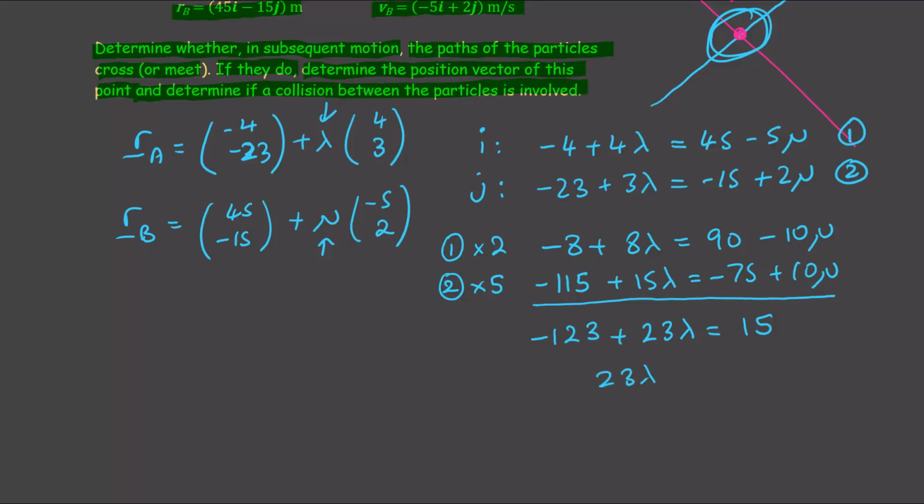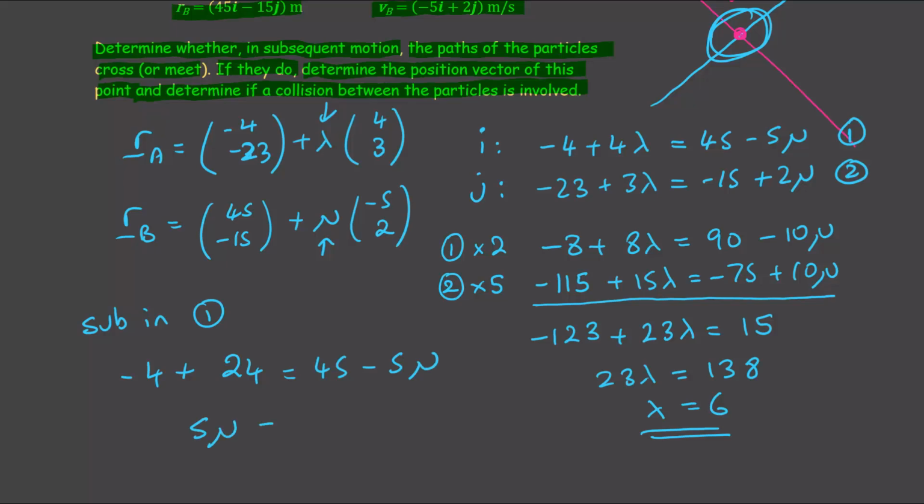So 23 lambda is going to be equal to 138. And that gives me that lambda is equal to 6. Substituting back into equation 1 gives me negative 4 plus 24, 4 times 6, is equal to 45 take away 5 mu.